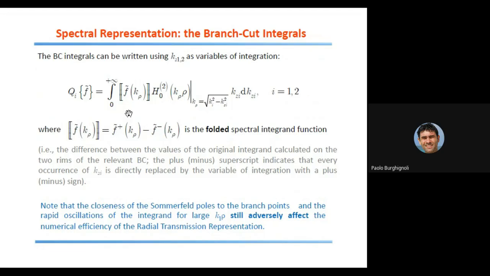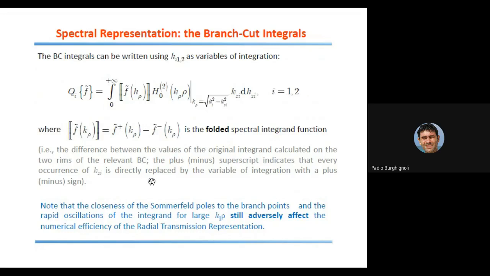That is, you once use the determination with the negative imaginary part of both wave numbers in the top sheet, and another time you will use the determination in which one of the wave numbers has now a positive imaginary part. Those two determinations are not equal, so the difference is non-zero, and that difference constitutes part of the integrand of the integrals that we need to evaluate.